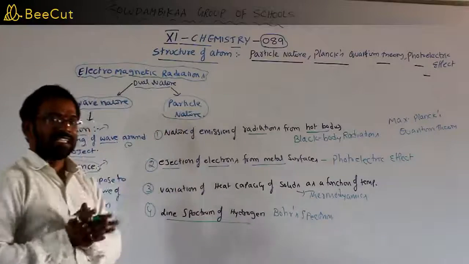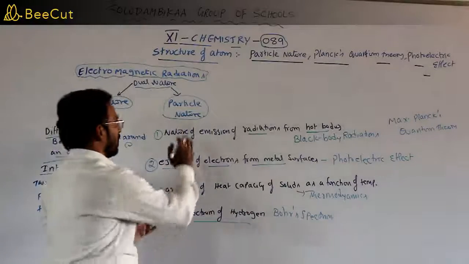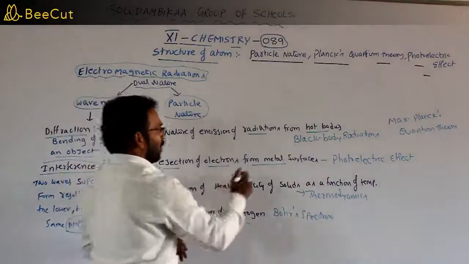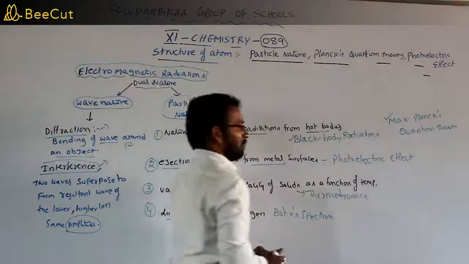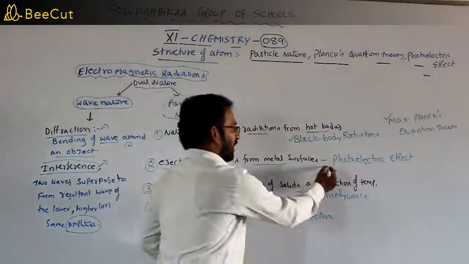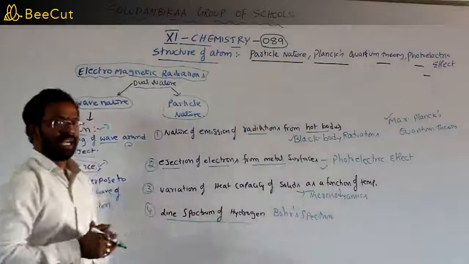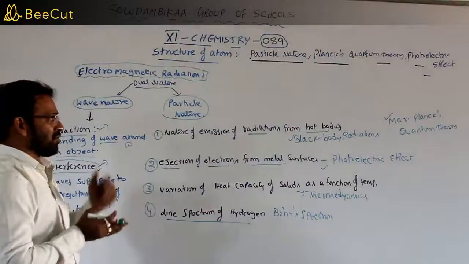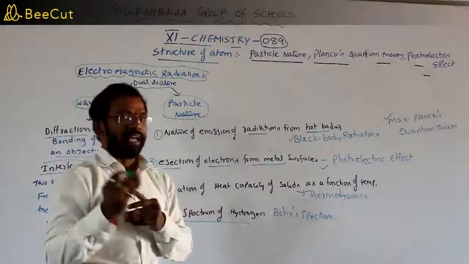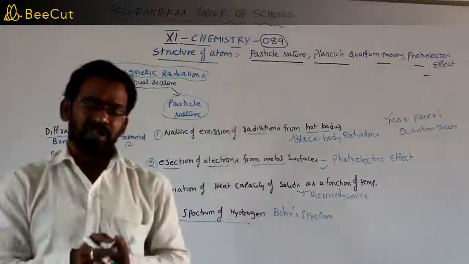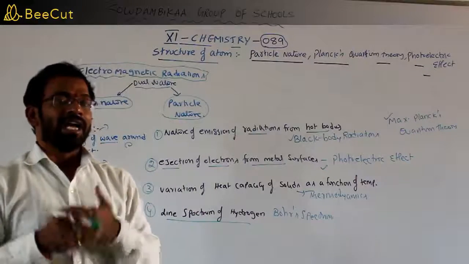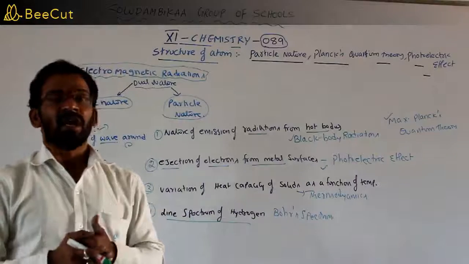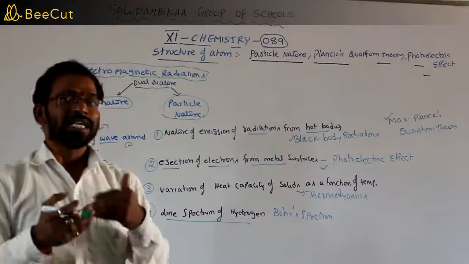Now, in this present class, we need to study the particle nature, which includes black body radiations, Max Planck's quantum theory and the photoelectric effect. First we will see what black body radiations are, how they are produced, what the characteristic features of black body radiations are, and any graphical representation of black body radiations with respect to temperature.